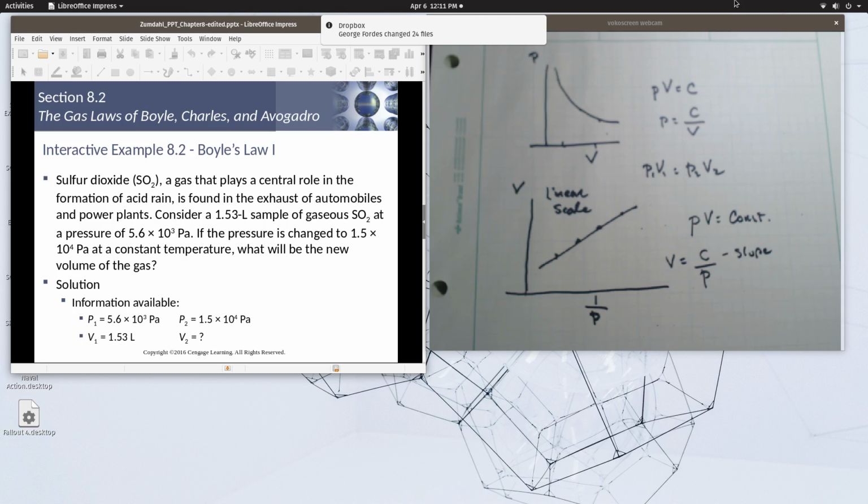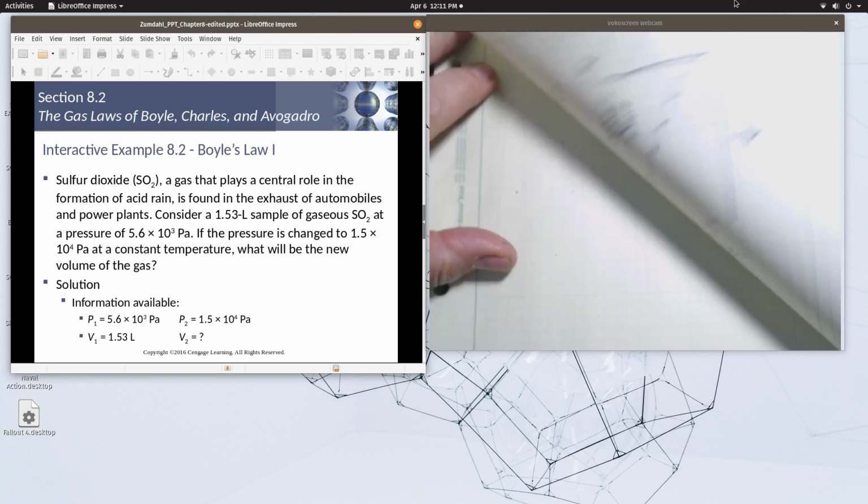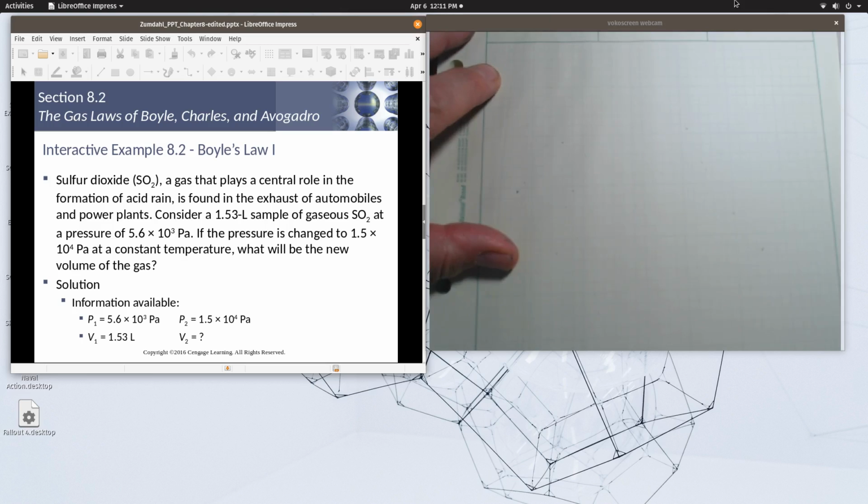Okay, so here's an example of using Boyle's law. Again, this is some data here. For example, sulfur dioxide is a gas that plays a central role in the formation of acid rain. It's an exhaust of automobiles. Basically, sulfur dioxide is a byproduct of burning coal and burning any sort of fossil fuel.